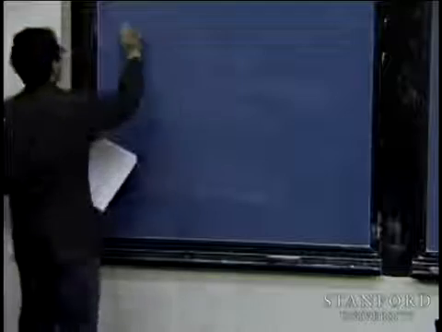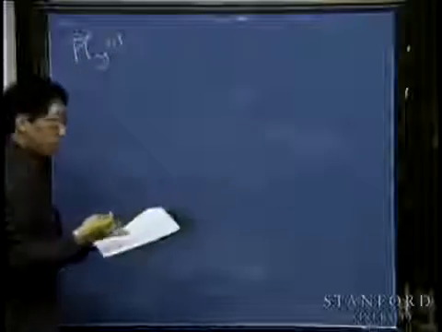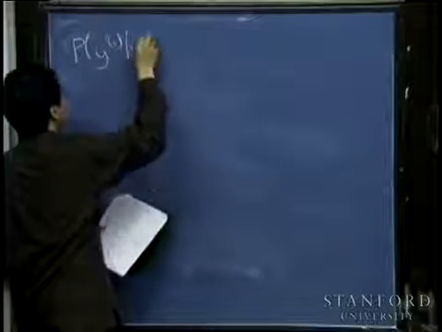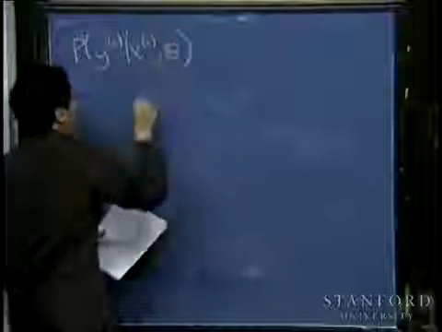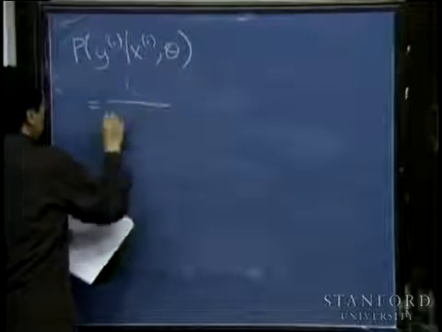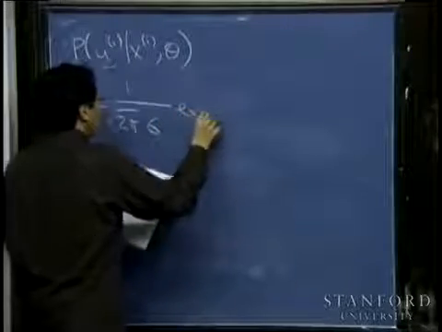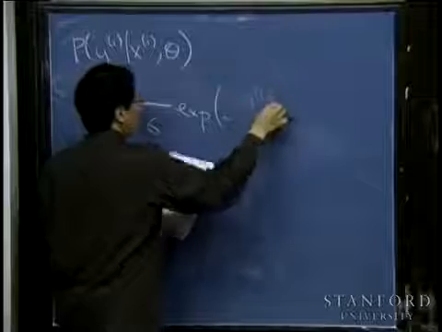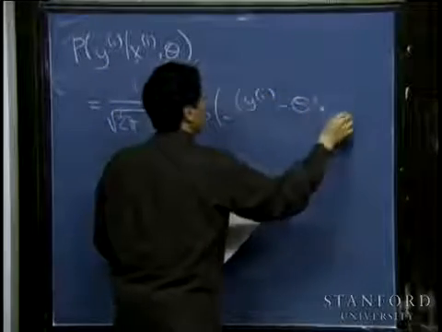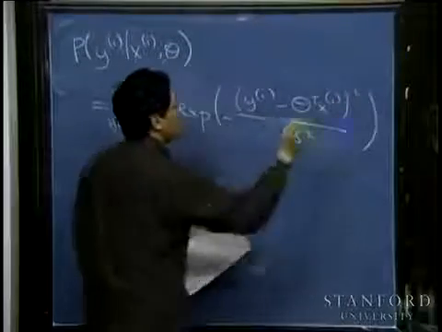So this implies that the probability distribution of the price of a house, given x i and the parameters theta, is going to be Gaussian with that density.